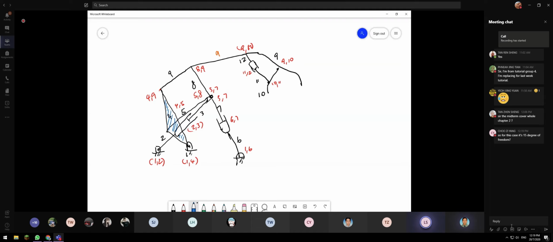And one more thing, for the crank slider, right? The angle between the link. Wait, I open the file again. Maybe I share my screen. Yeah, you can share screen.